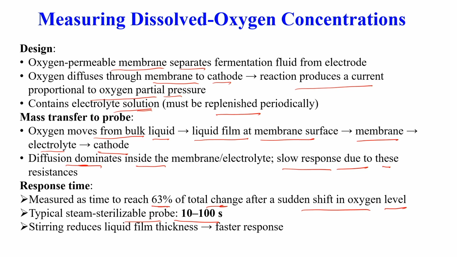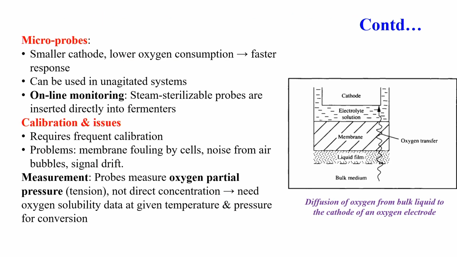Further, as this is controlled by mass transfer, if we are able to have good mixing, which can reduce the liquid film thickness, we can get a faster response. In addition, there are microprobes, which are smaller cathodes, so they require low oxygen and are expected to give a faster response.